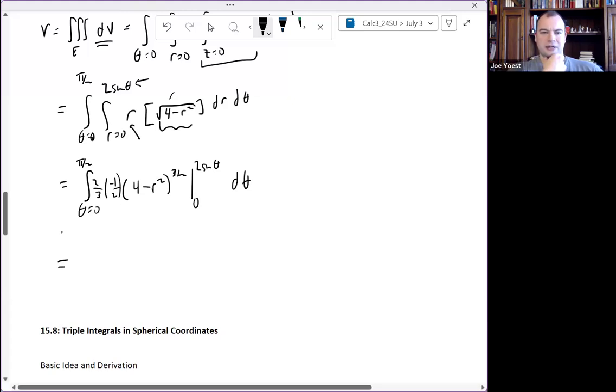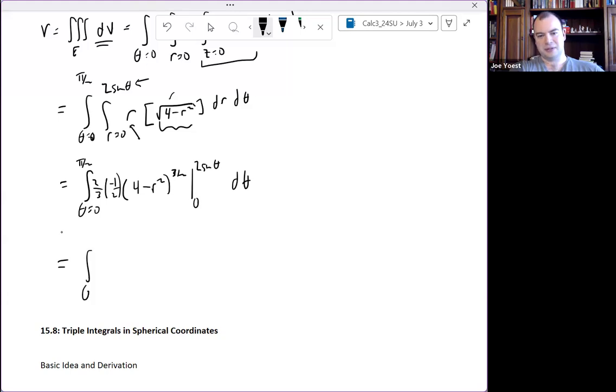Okay, so what do I get here then? I guess I can make this integral theta equals pi over 2 to 0. I use the minus sign to flip the bounds of integration. The 2's cancel, and I get a 1/3 times, well, 4 minus 2 sine theta squared.